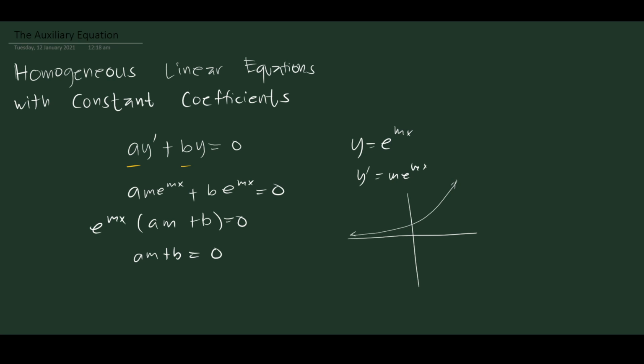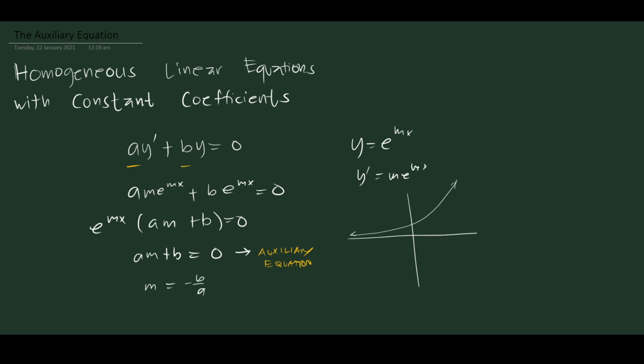Now, this equation right here is actually our auxiliary equation. Really cool. If we solve for m, we get m is equal to negative b over a.